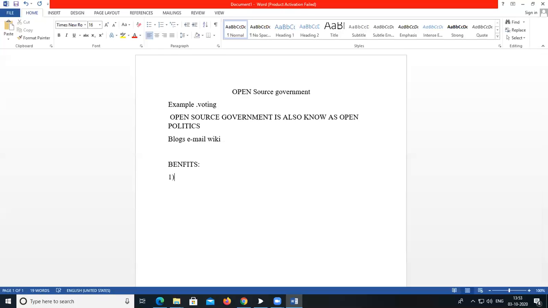The first benefit is flexibility. In flexibility, it gives the product flexibility, adding to or modifying the code to fit their requirements or needs.